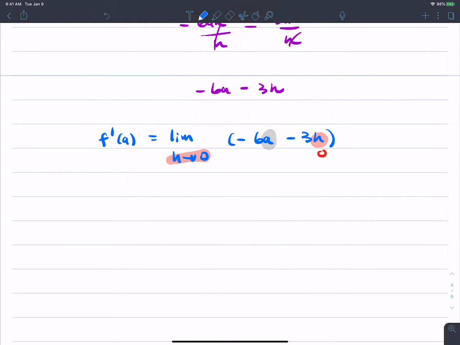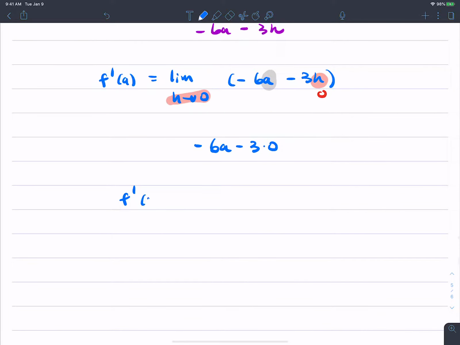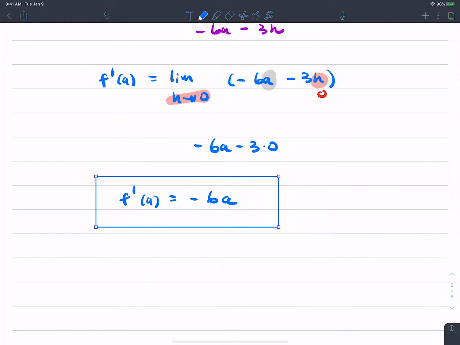You get minus 6a minus 3 times 0, which really means f prime a is minus 6a. And there it is, ladies and gentlemen, another formula. And in future sections, f prime x is minus 6x.